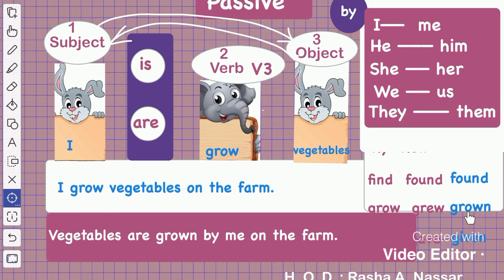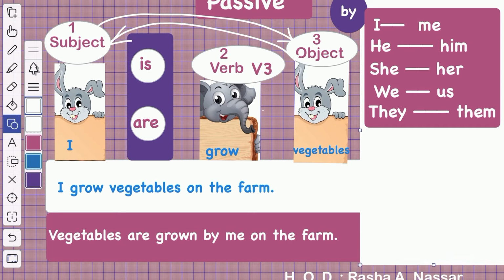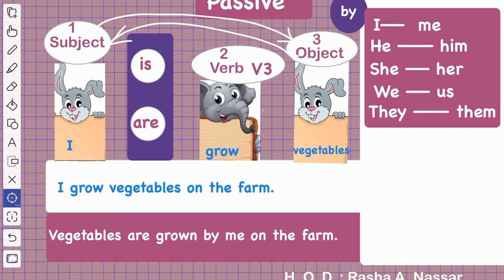So we will write grown. Vegetables are grown. And then we will write by, the preposition by, and then we will write what after by?